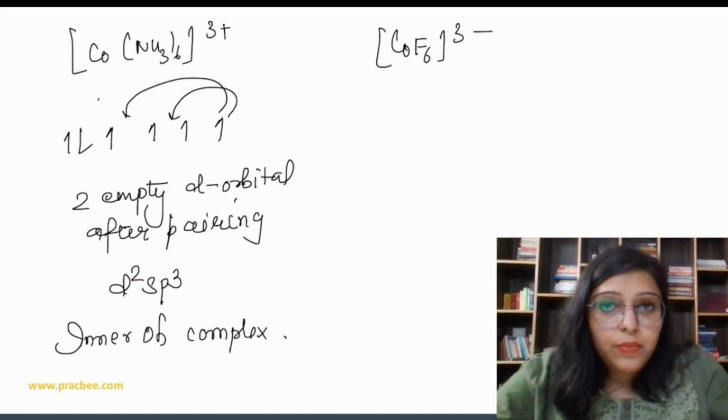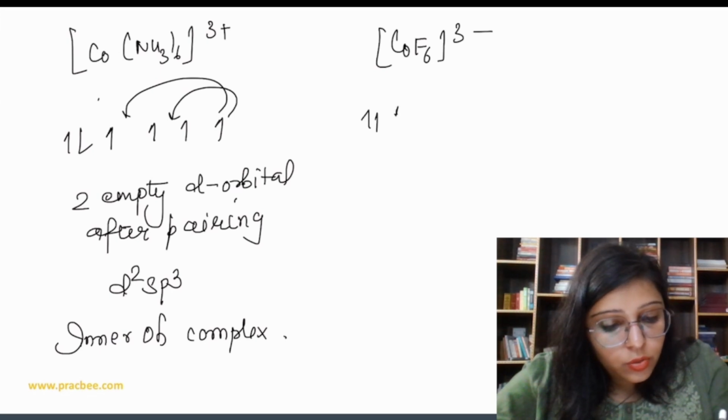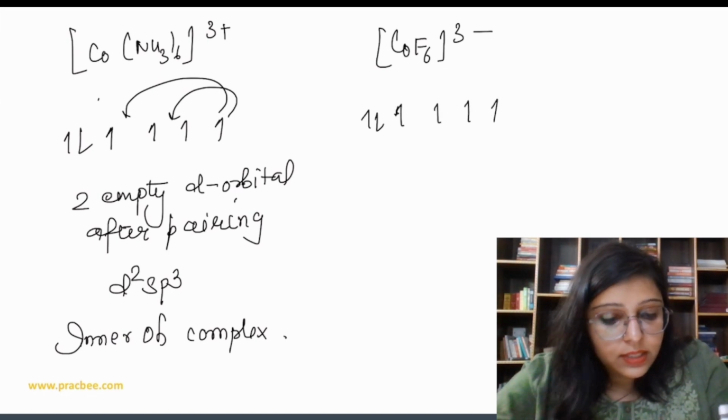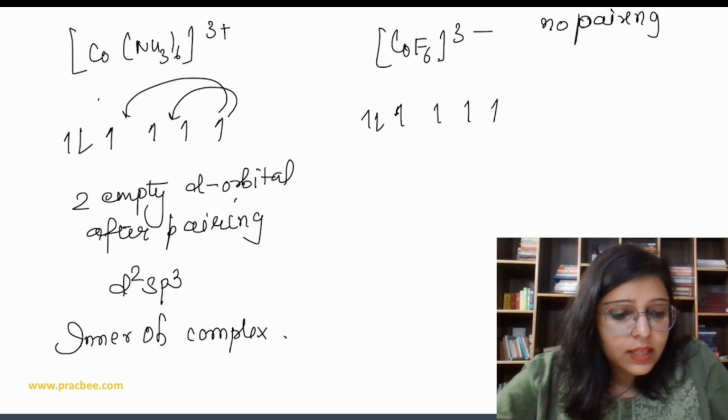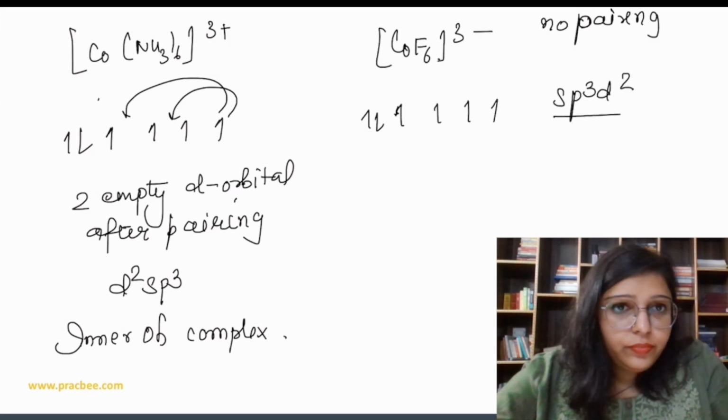Now in [CoF6]3-, again 3d6 only, but here no pairing. So here we have sp3d2, it is an sp3d2 complex.